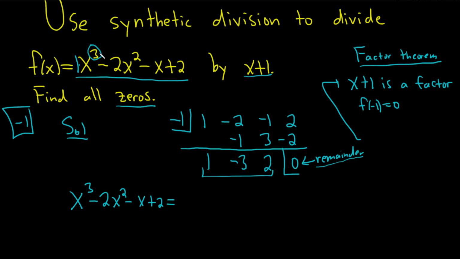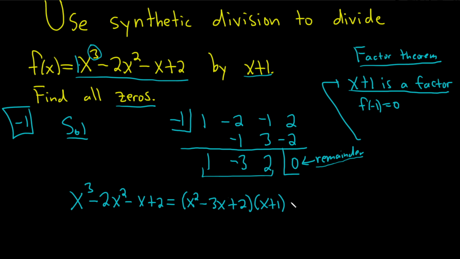So this is 3, so you start at 2. So it'll be parentheses x squared, 1 times x squared, minus 3x, and then plus 2. See, these are the coefficients of a quadratic: 1, negative 3, 2. And you know it's a quadratic because it's always 1 less. And the rest of it is just this piece, right? Because x plus 1 is a factor.